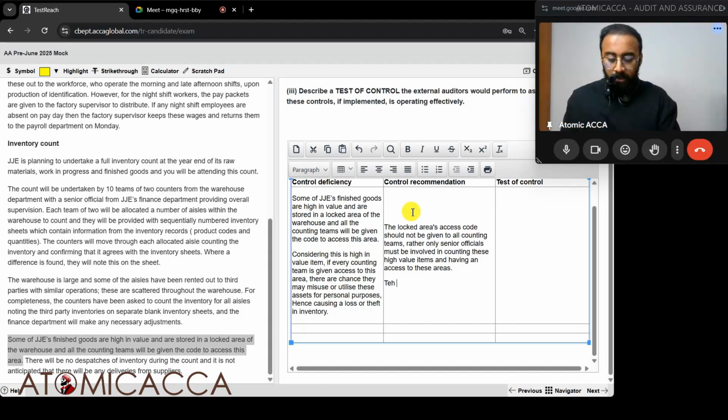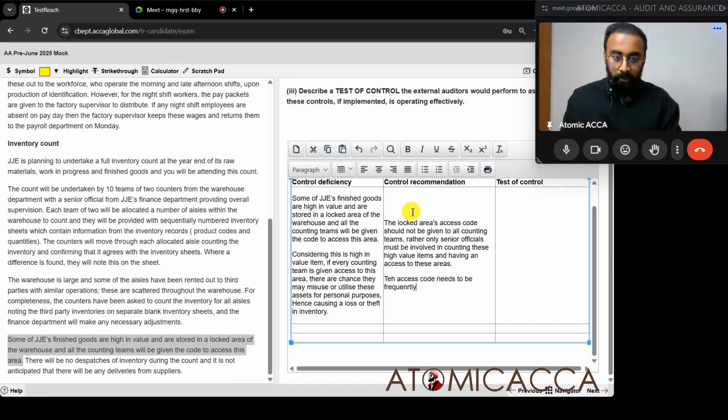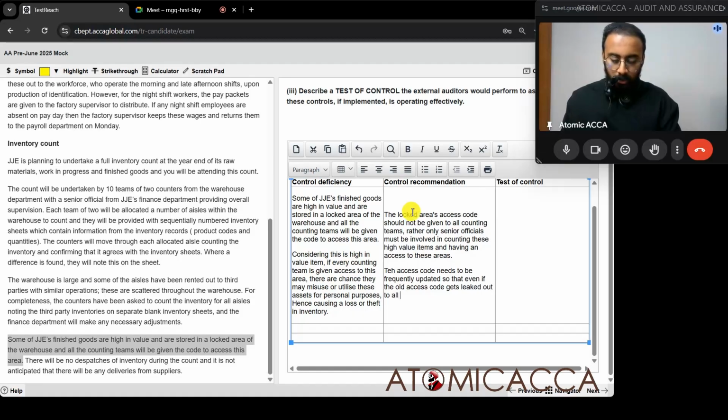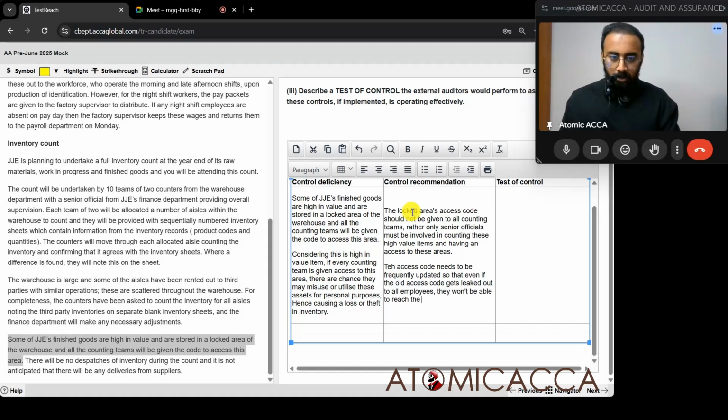So the access code needs to be frequently updated so that even if the old access code gets leaked out to all employees, they won't be able to reach the locked area. So that is enough.